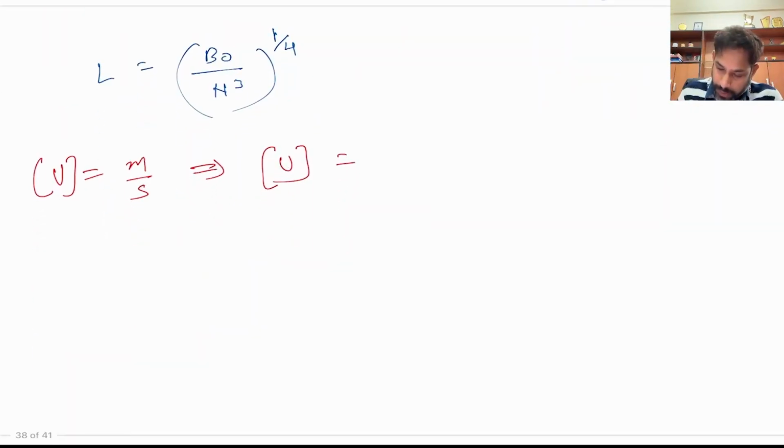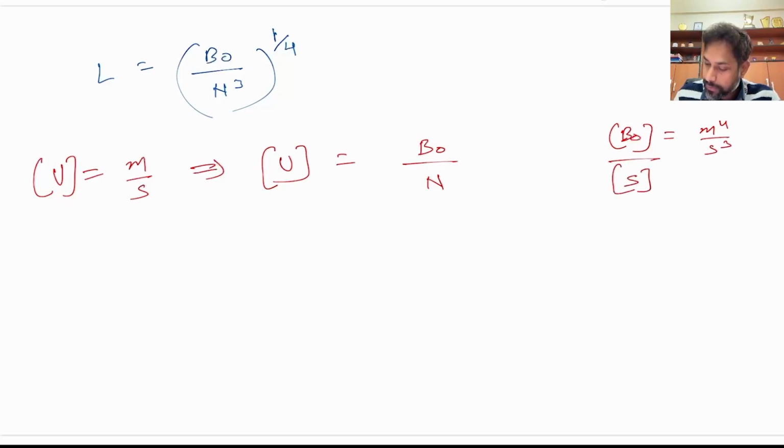To do that, we take B naught over N. B naught gives you m to the power 4 by s cube, and N gives you 1 over s, so that becomes m to the power 4 by s to the power 4.